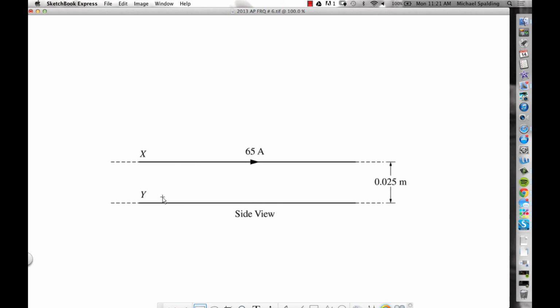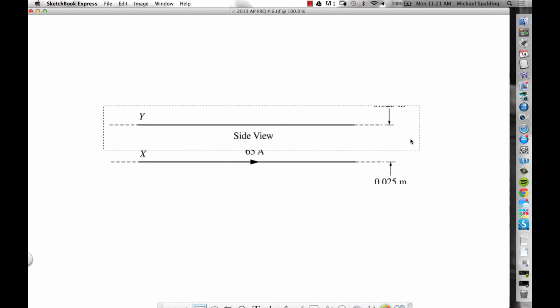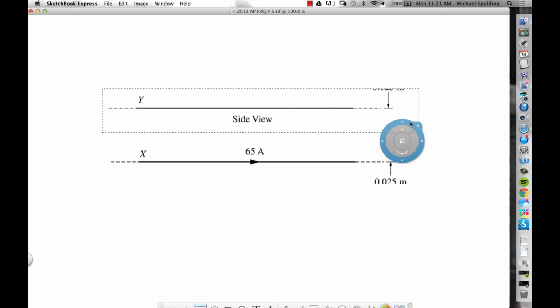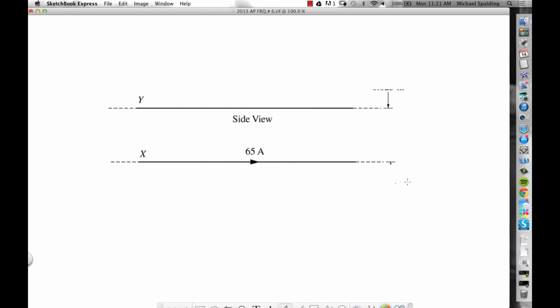So we're going to take wire Y, grab him. Wire Y is now going to be boom up here. And let me erase this. Get rid of that. So this distance is the 0.025 meters, like that. Okay, so what are they asking? What change in current, if any, must occur to maintain equilibrium?